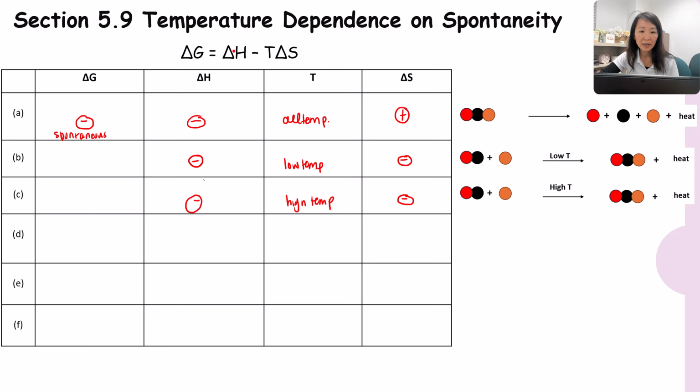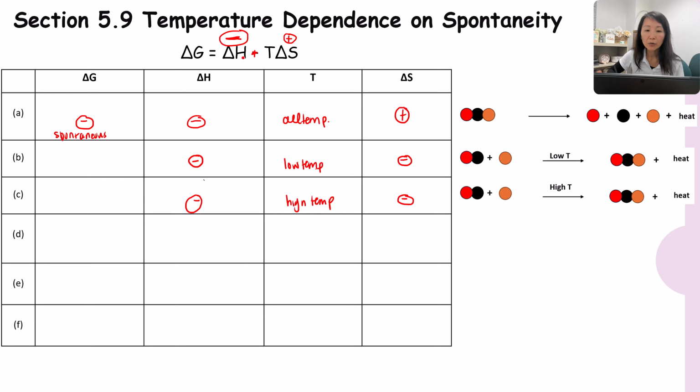So this is negative and this is negative. Having delta S be negative and there's a subtraction there, it will end up becoming more positive. Having this as a negative component allows this term to become positive since there is a subtraction.